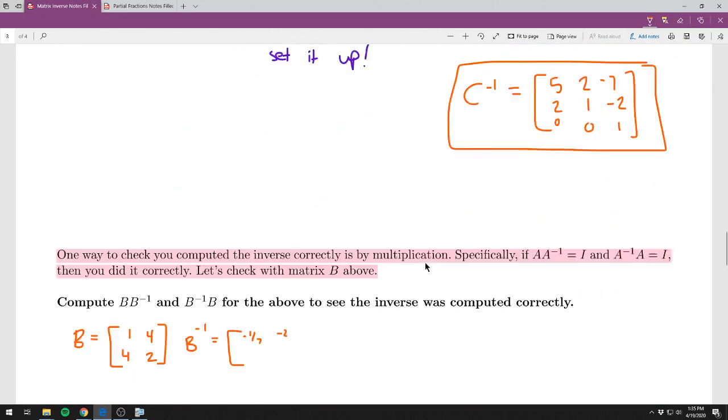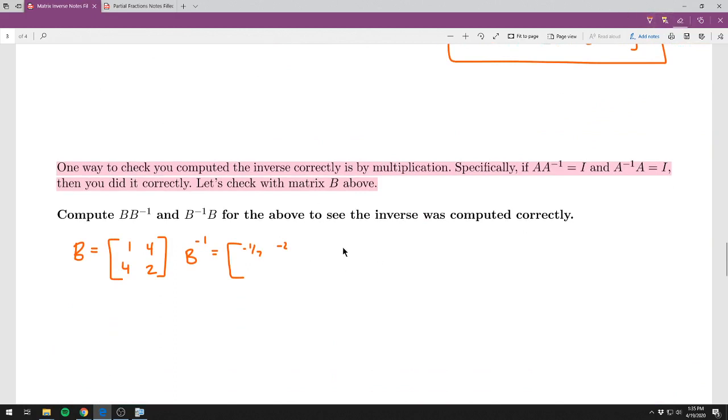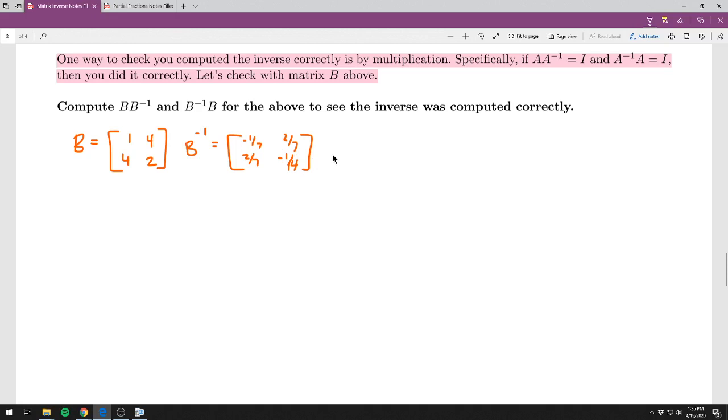Wait, that's just positive 2/7. All right, and we want to multiply them in both orders. B times B inverse and B inverse times B. Remember, in general, these can be different. So we've got B on the left, B inverse on the right for this one.